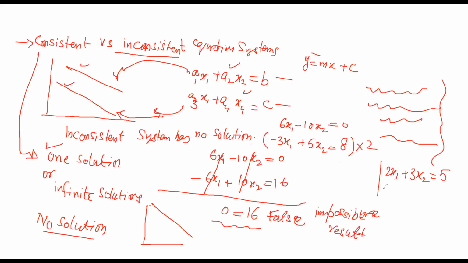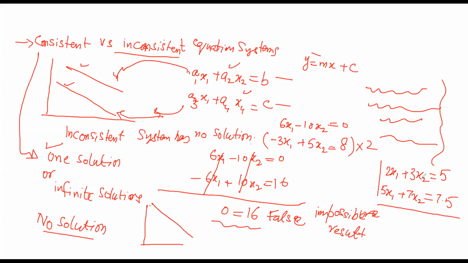And another equation we get like 5x1 plus 7.5x2 is equal to 12.5. Okay, you can see that clearly the second equation is 2.5 times the first equation.